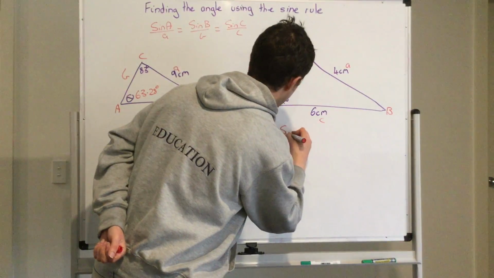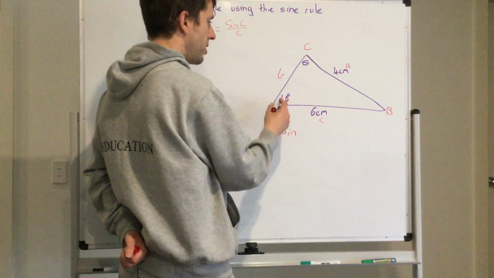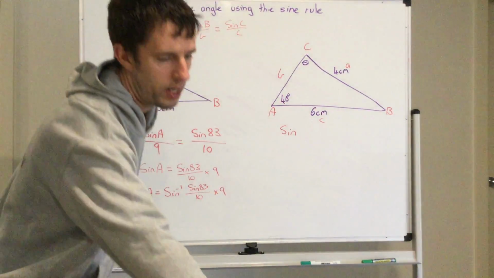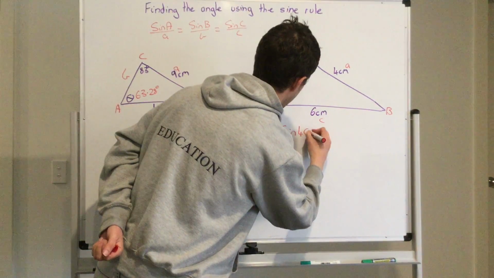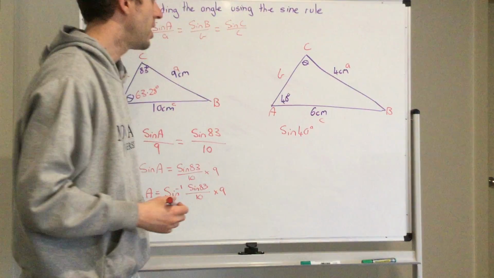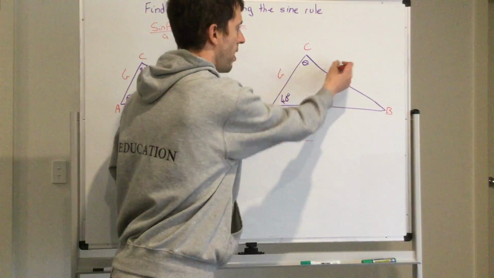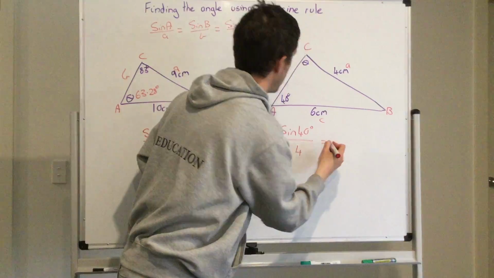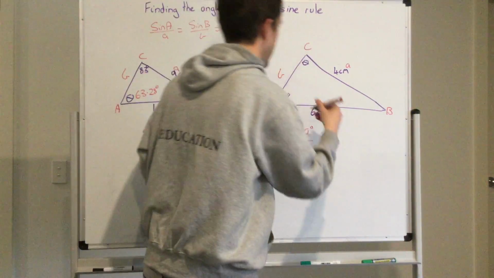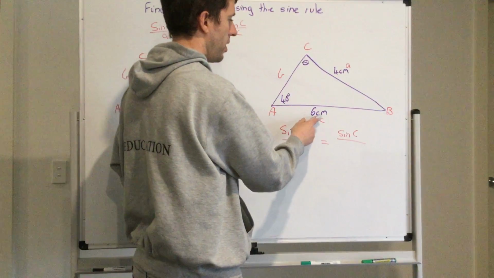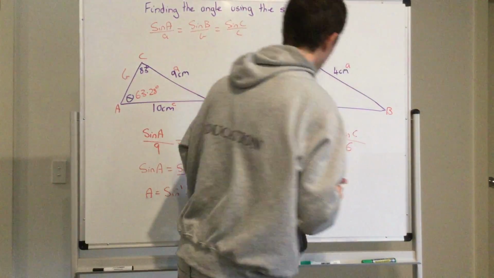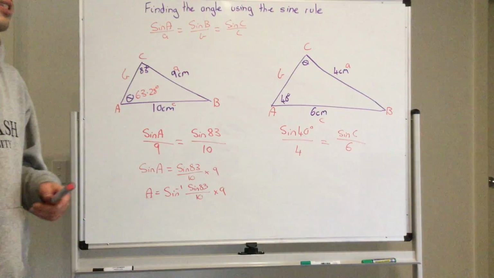So I'm looking at sine angle A, which is 40 degrees, over 4 equals sine C over 6. So we are trying to find what angle C is.